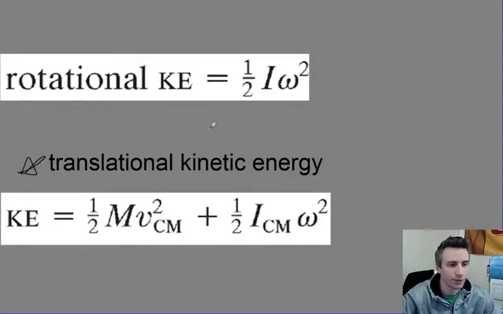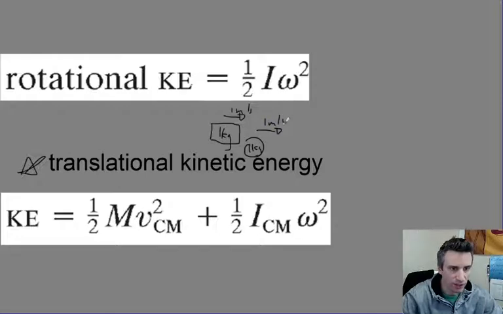If I have a box with a mass of 1 kilogram sliding to the right with a velocity of 1 meter per second, and then I have a ball that is also going to the right, 1 kilogram mass, going at 1 meter per second, they both have the same linear velocity and the same mass, therefore the same linear kinetic energy.